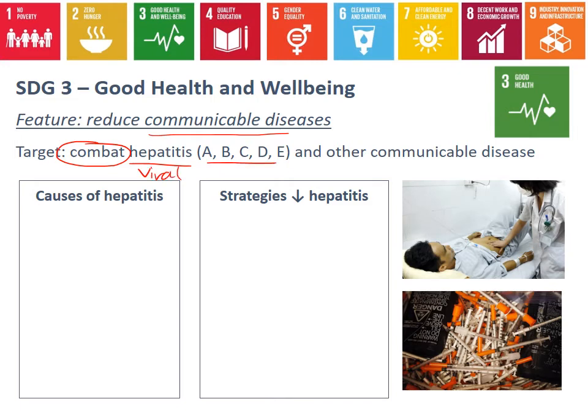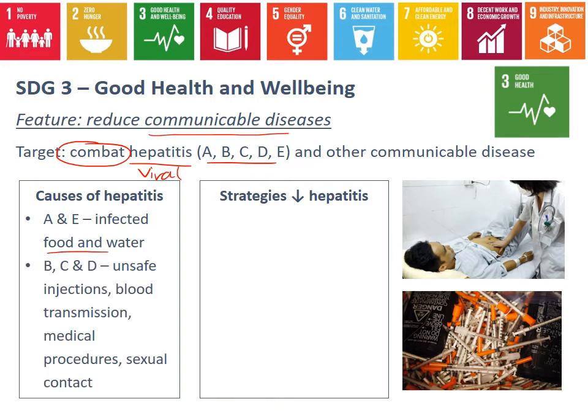They're all quite different. But the causes of hepatitis: hepatitis A and hepatitis E are spread through infected food and water. Hepatitis B, C, and D are spread through bodily fluid, blood products in particular. So things like, again, unsafe injections, IV drug users that share needles, blood transmission, maybe after accidents, medical procedures.